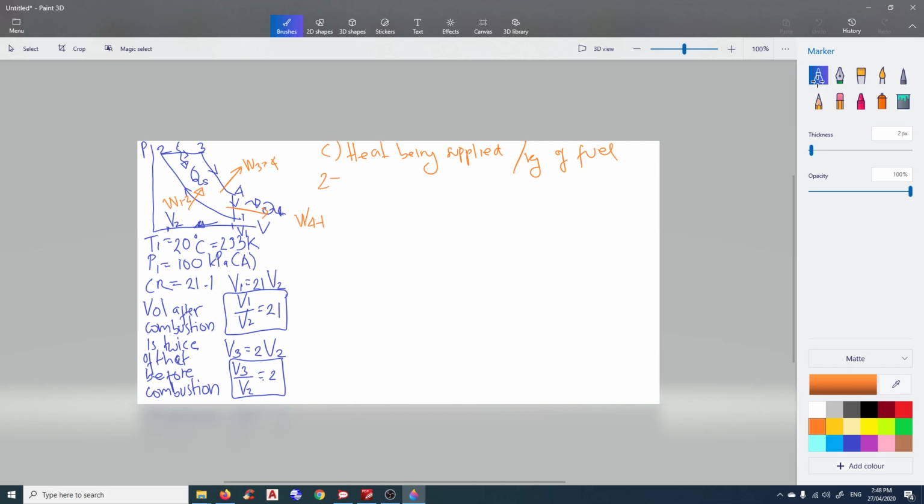Process 2 to 3 is constant pressure. Q equal to mCp T3 minus T2. So again, 1 kilogram multiplied by 1.05 kilojoule per kilogram Kelvin, T3 1708 minus 717 Kelvin. So the heat being supplied is 996 kilojoule.